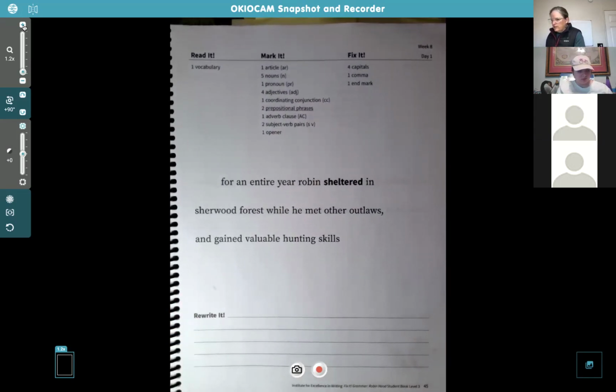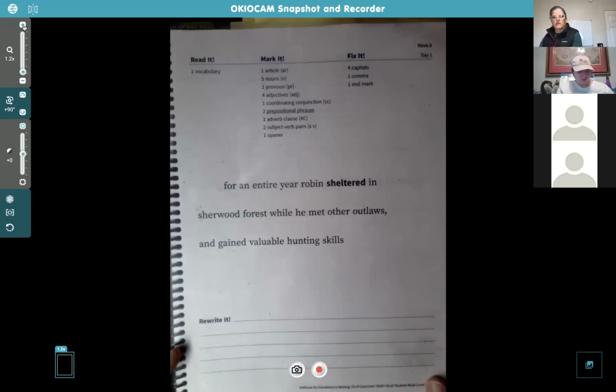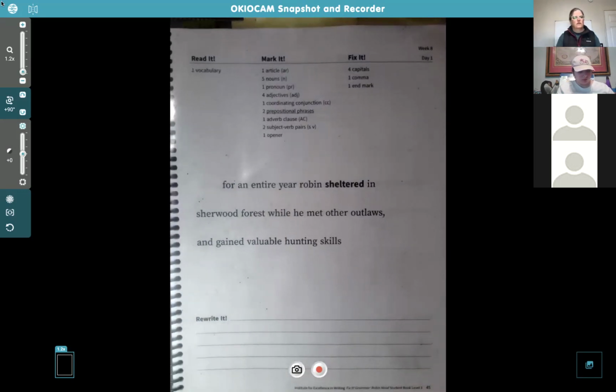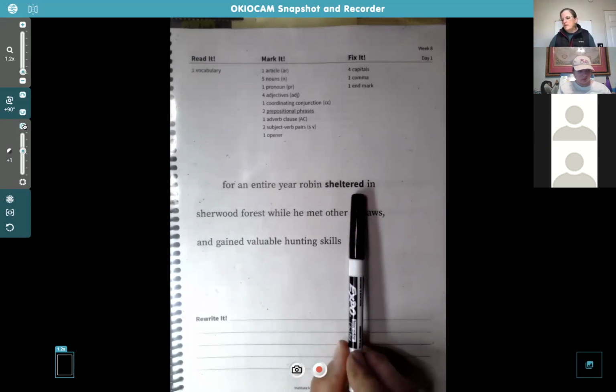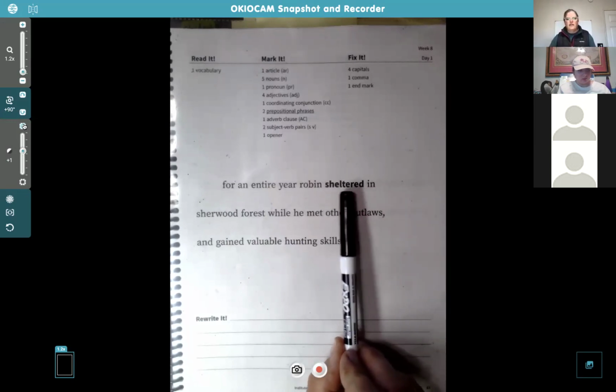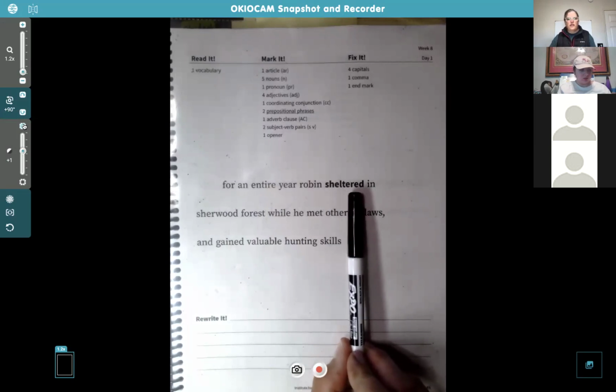How about William? Can you read the sentence for us today, please? For an entire year, Robin sheltered in Sherwood Forest while he met other outlaws and gained valuable hunting skills. Good. Nice reading. So sheltered has an ed. That's signifying it is probably a verb, which it is.